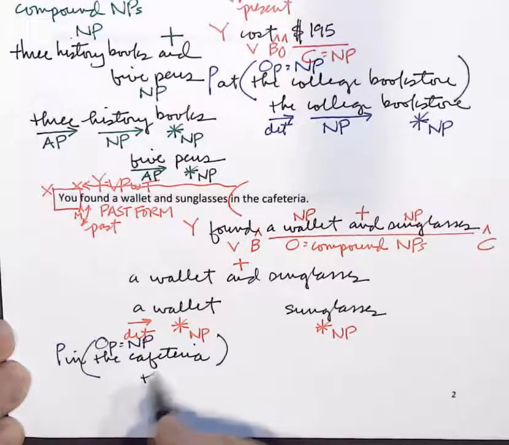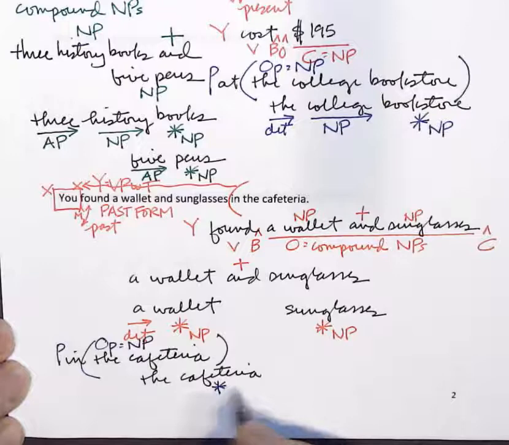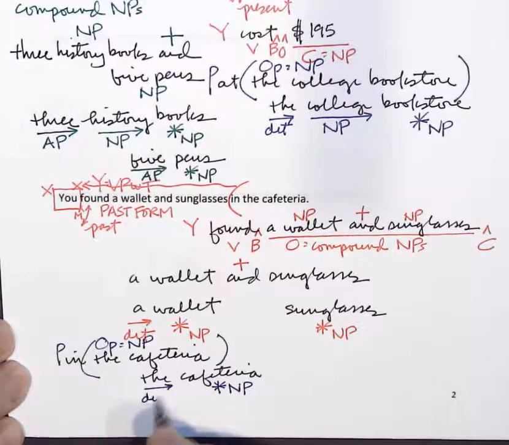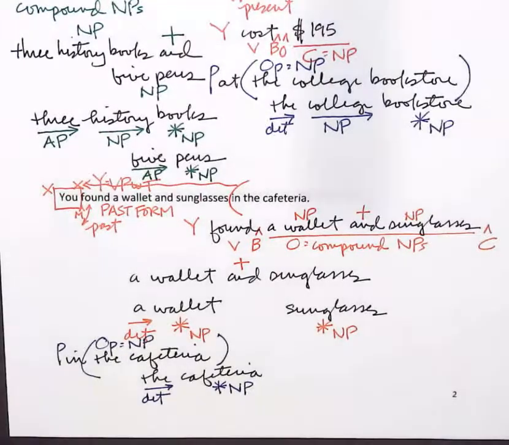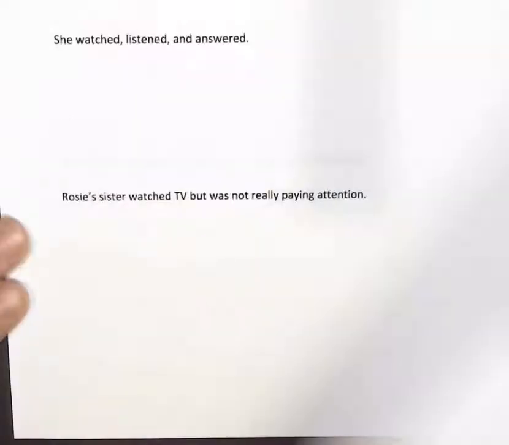And the noun phrase, the cafeteria, the head is cafeteria. That's our noun phrase. And the is a modifier. It's a determiner. Okay, so please stop the video, analyze the next sentence, and when you're done, come back.